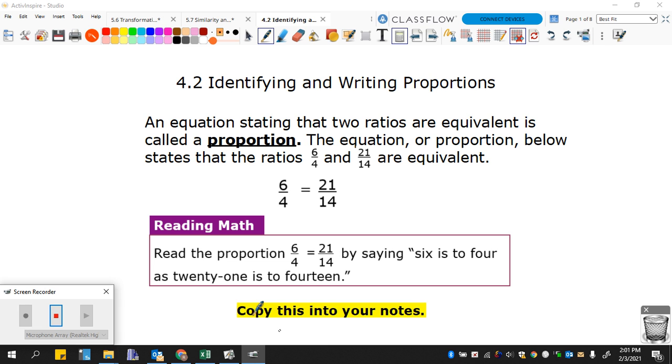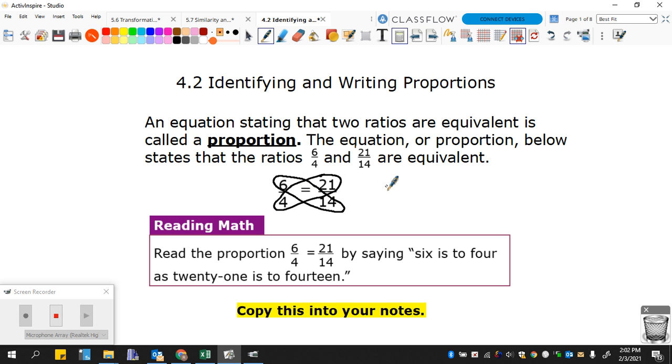This down here is an example of a proportion. 6 over 4 equals 21 over 14. The way you read this is that you say 6 is to 4 as 21 is to 14. And the way to check that is that you can just cross multiply: 6 times 14 and 4 times 21.